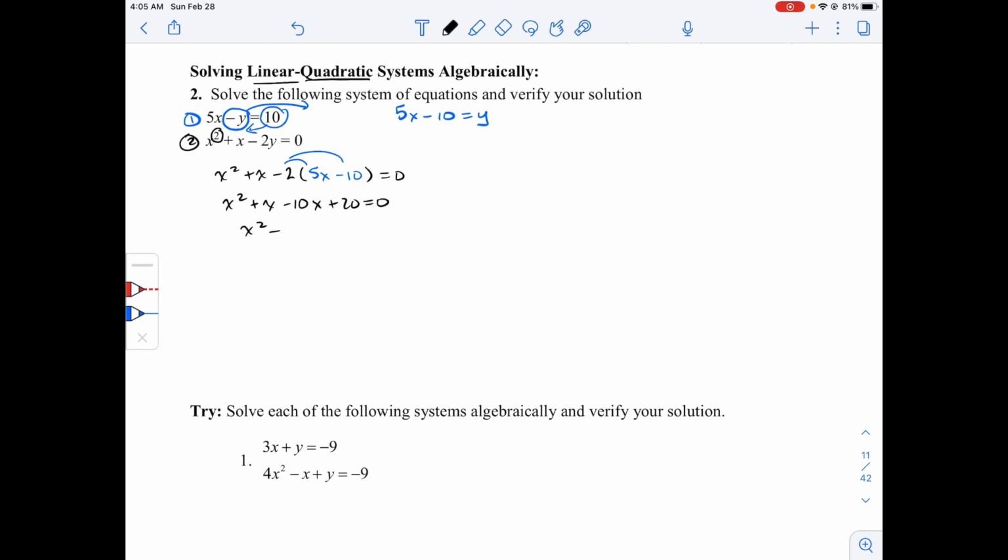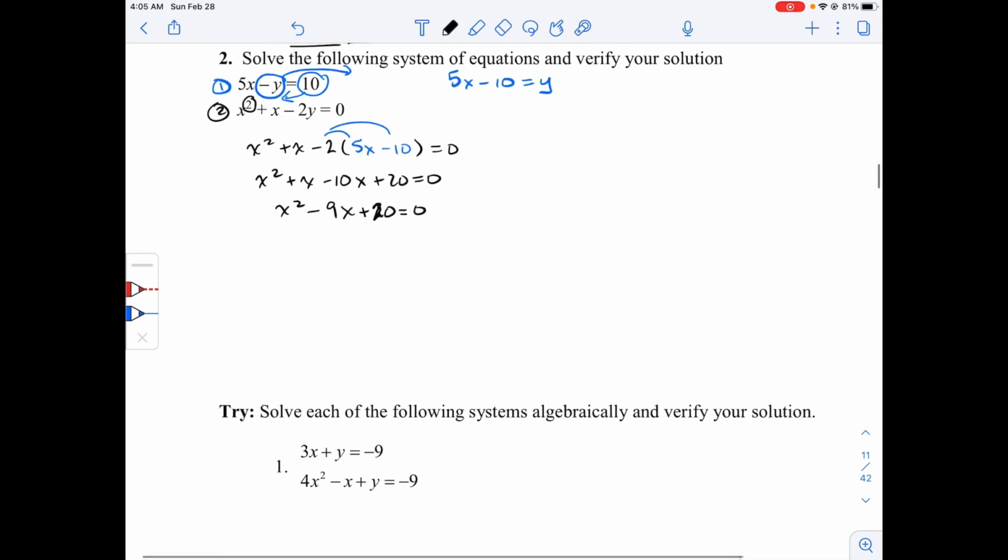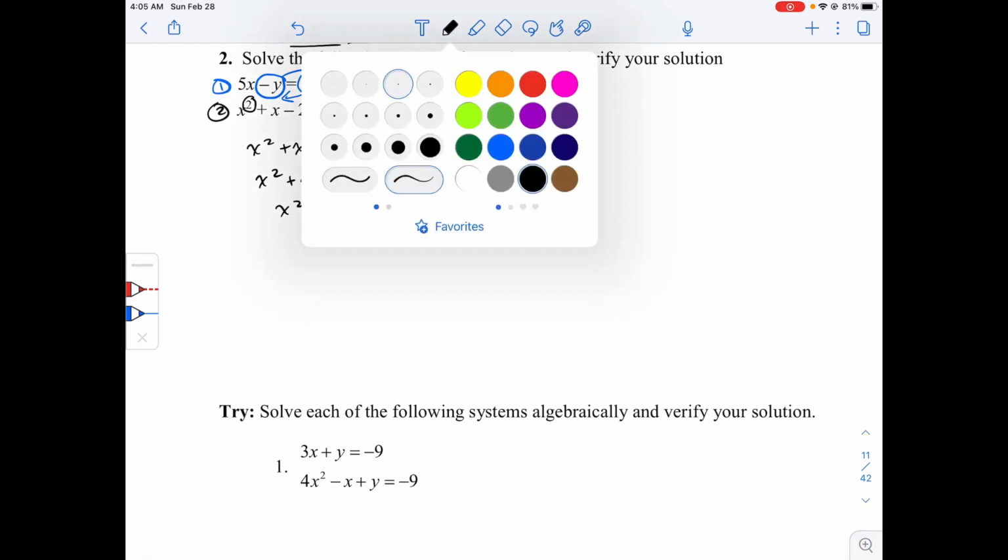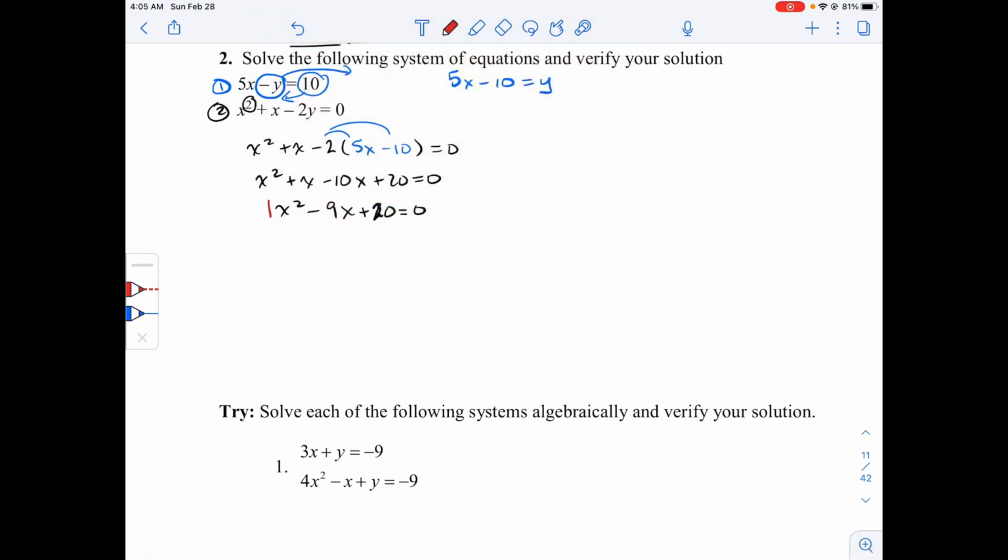So, of course, x squared minus 9x plus 20 equals 0. If you'd like to decompose this in order to factor, that would be totally fine. But I recognize right away that I have a coefficient of x squared of 1. My a value is 1, so this can be solved by inspection. We're looking for a product of positive 20 with a sum of negative 9.